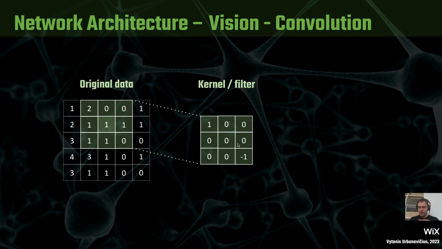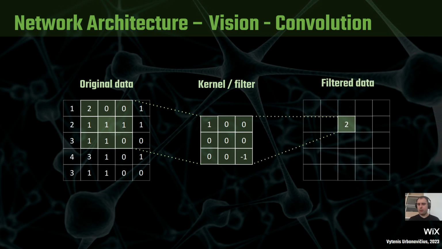When we do that, we take all of the resulting numbers and sum them together. This is going to be our pixel in the filtered image, in the same location as the original pixel we were analyzing. Then we repeat this operation over and over again for every single pixel on the original image. This process is called convolution.